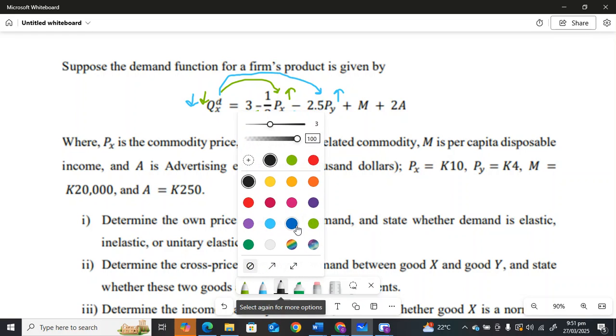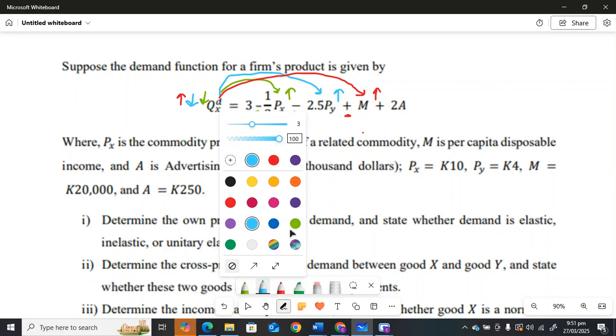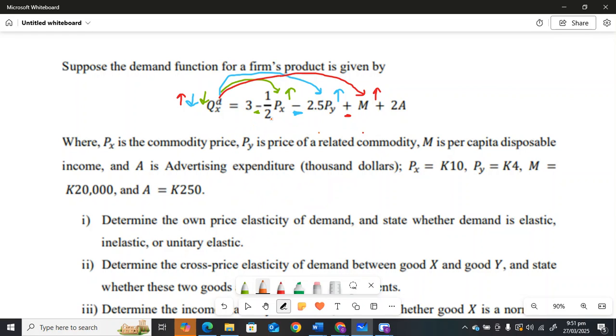Quantity demanded is also dependent on income. And we see there's a positive sign here, meaning if income increases, quantity demanded increases. And then finally, quantity demanded is dependent on advertising. Since it's a positive sign here, meaning if advertising increases, quantity demanded also increases.